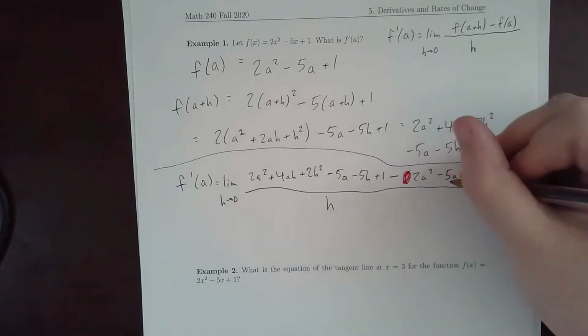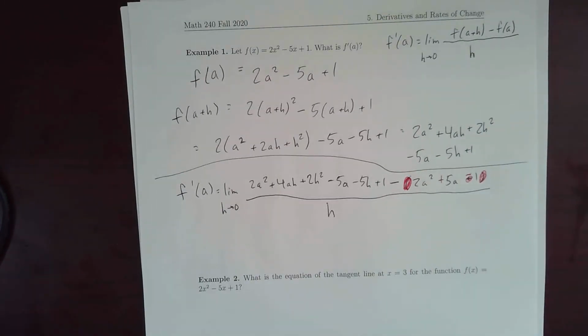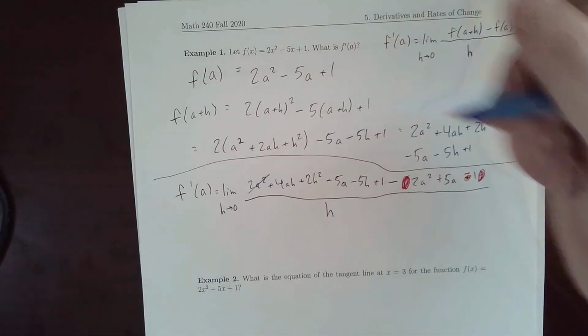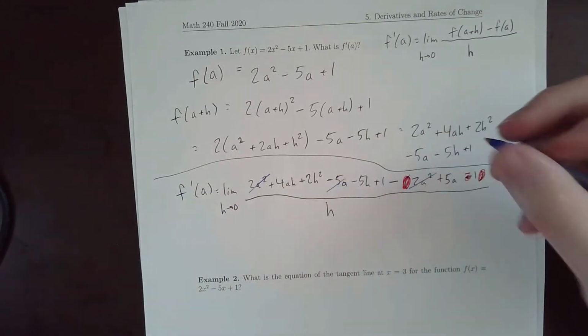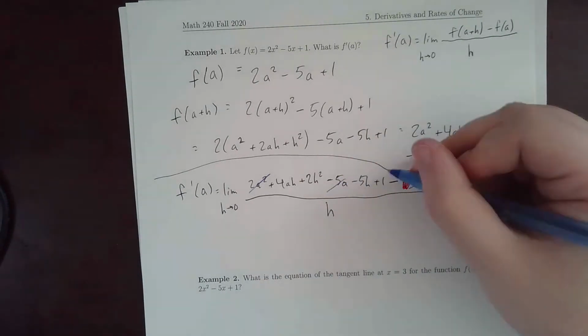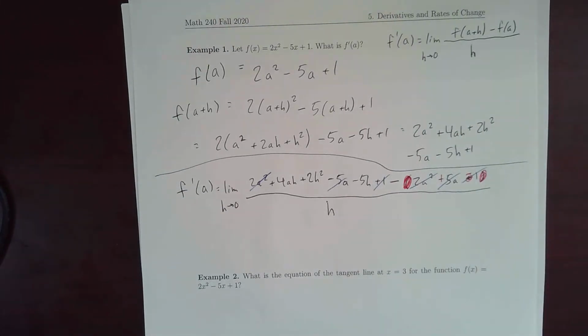So minus 2a squared plus 5a minus 1. And then we'll go ahead and try to start combining some things. So we'll have 2a squared and negative 2a squared cancel out, negative 5a and 5a cancel out, plus 1 and minus 1 cancel out.